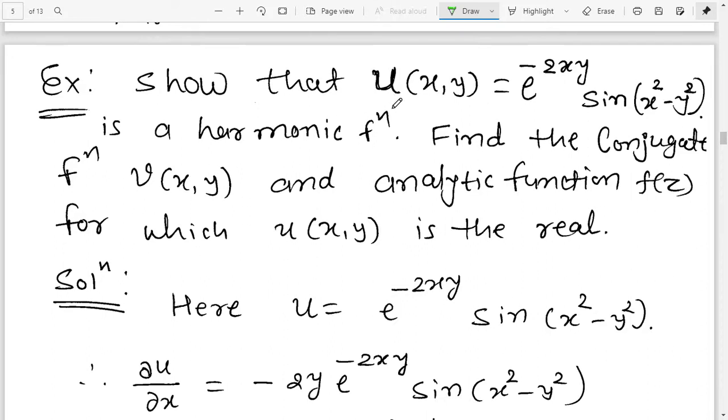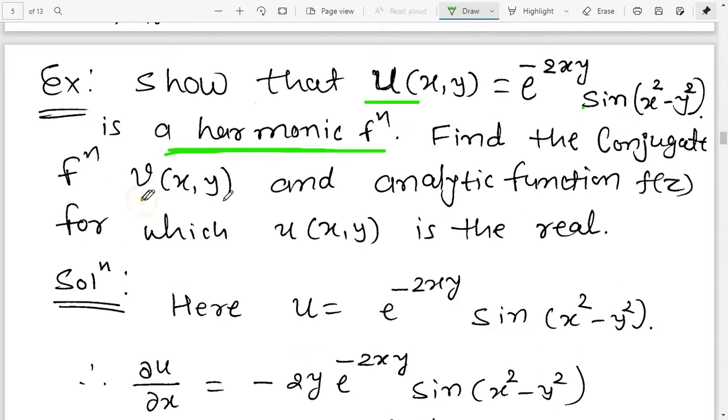Show that u is equal to e raised to minus 2xy into sine of x square minus y square is a harmonic function. First we have to show u is a harmonic function.